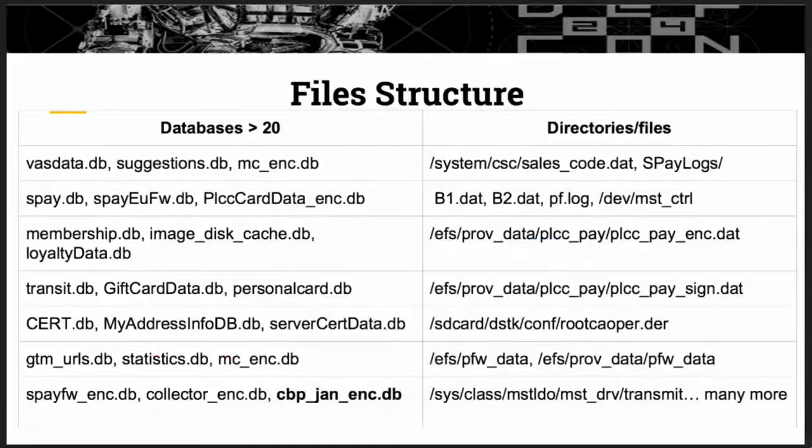So the file structure is very important. I found more than 20 databases in the core of Samsung Pay. Some of them are for connections, certificates, encryption, directories and files. I'm going to take a look at the structure of the database CBP, JSON, Encrypt database, to see its structure.